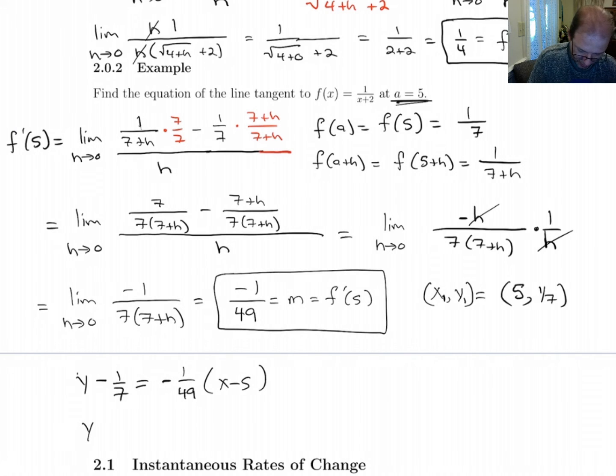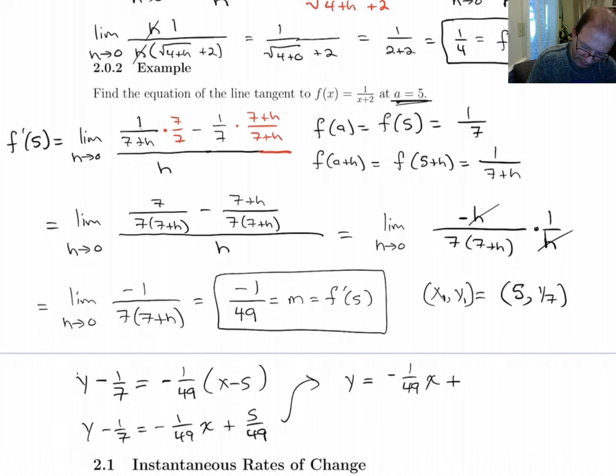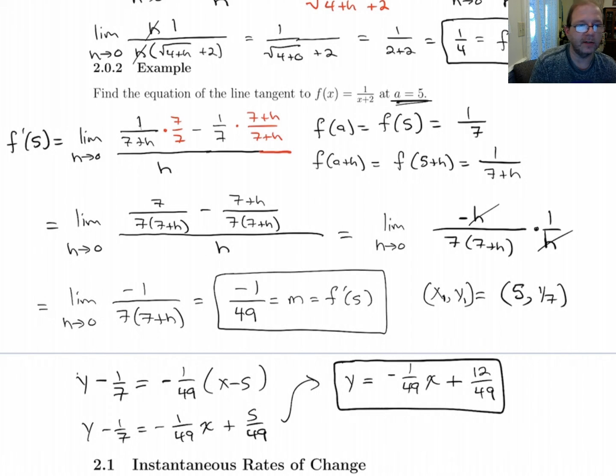So I get y minus 1/7 equals minus 1 over 49x plus 5 over 49. Now you could put this into a calculator if you wanted to. Adding 1/7 onto both sides, 1/7 is 7/49, so this will give me 12 over 49. So that is my line that's tangent to this curve.